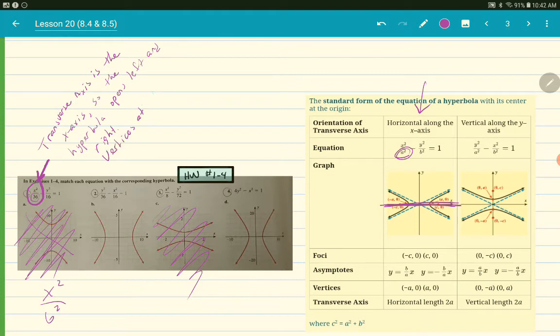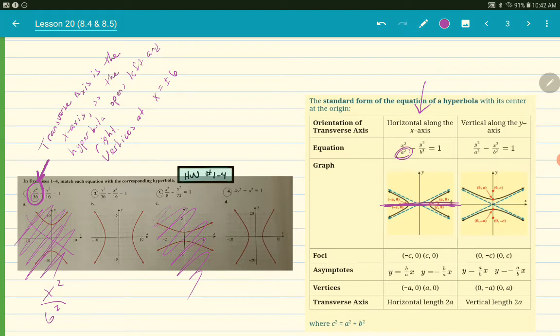We're going in the x direction because it's under the x. Vertices at x equal to plus and minus 6. The center is the origin, though, so that helps. So I'm looking at where's 6.